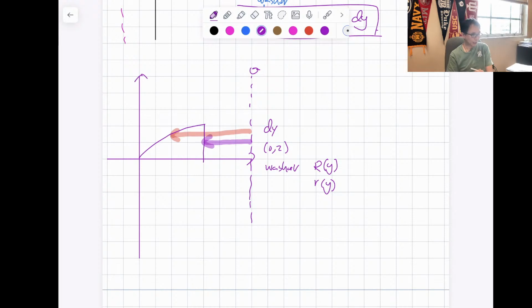What is a big R of y in this case? Catherine, what's a big R of y in this case? It's not 7, but that's a good try. 7 is from here all the way to here.